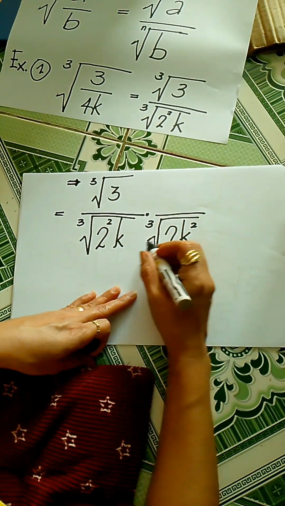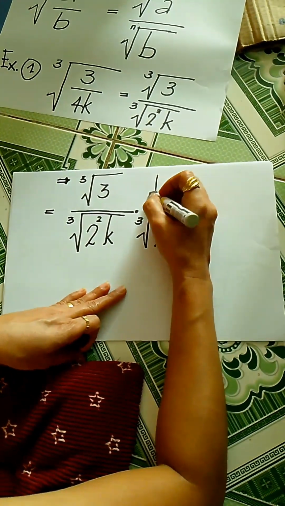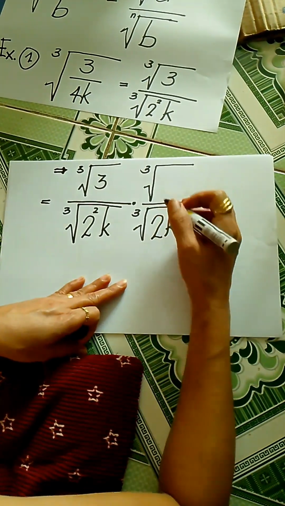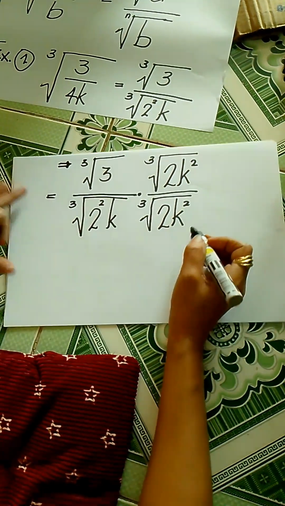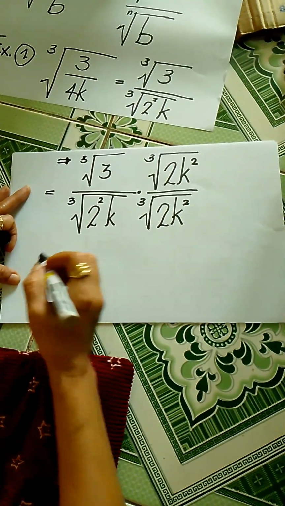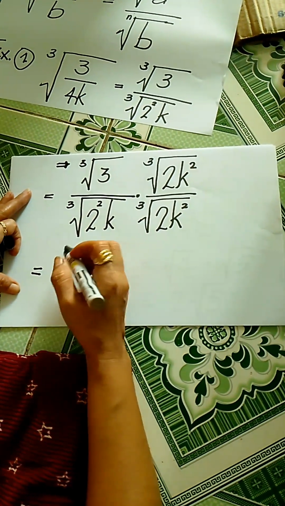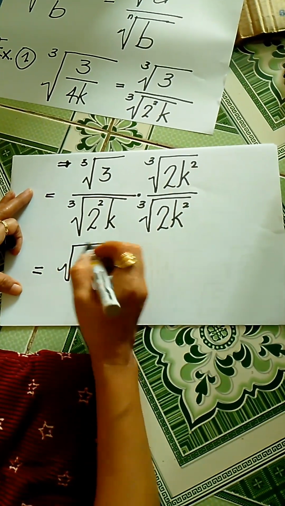So ilang 2 ang kailangan pa natin? Isa na lang, at ilang k? Dalawa. So ang ating multiplier ay cube root of 2k square, and whatever you multiply in the denominator should also be multiplied in the numerator. Kaya cube root of 2k square is being multiplied sa numerator.